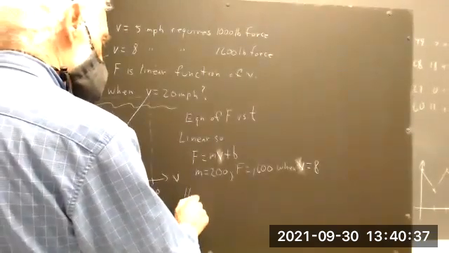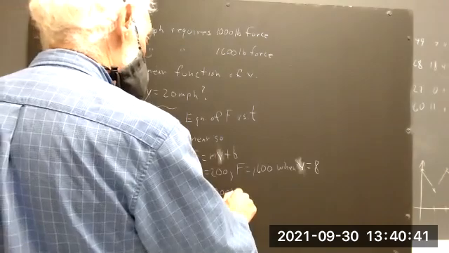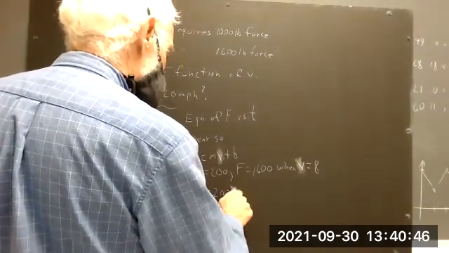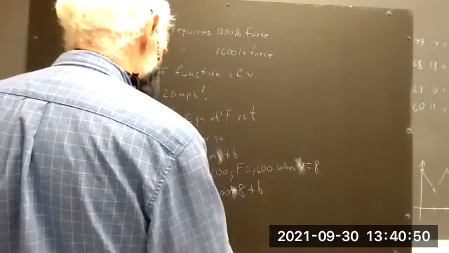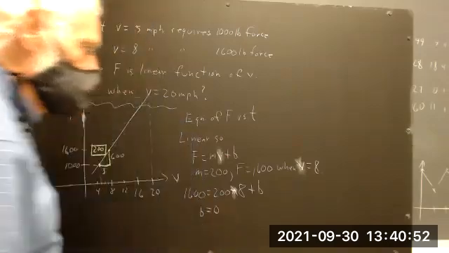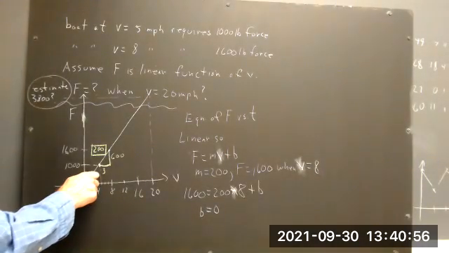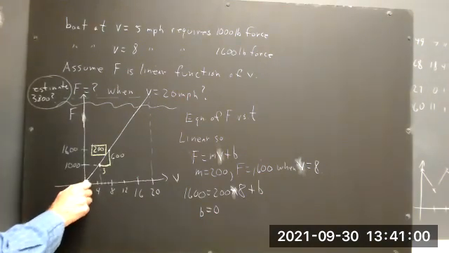So now 1,600 equals 200 times 8 plus B. And you get B equals 0. So this does go through the origin. It looked like it might. If I draw it on, it comes up a little higher. I have to draw a big origin.